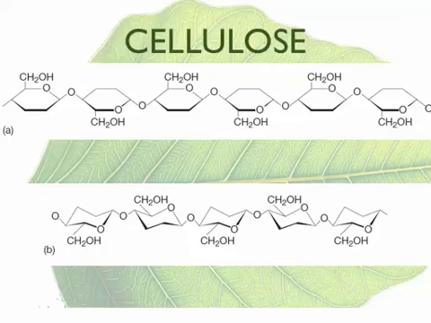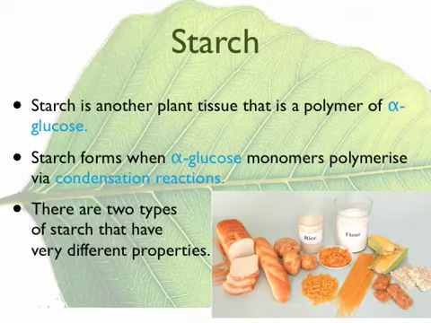This is a buckled form which tries to show the different angles around the carbon, oxygen and hydrogen bonds. You need to be able to recognise cellulose in both of these forms. Figure A is easy to recognise. B is also easy to recognise simply because you have the alternating flipping second molecules, and you can recognise the ringed oxygen, the hexose shape, and the presence of the methanol groups.